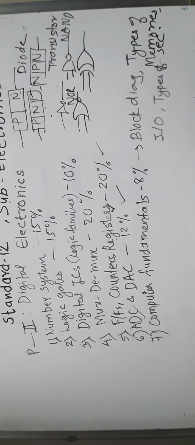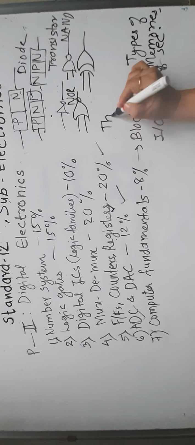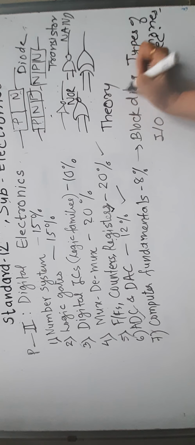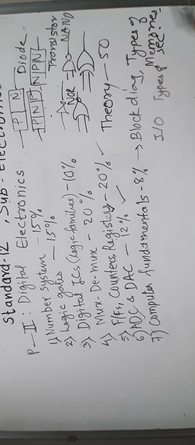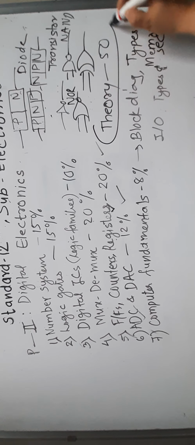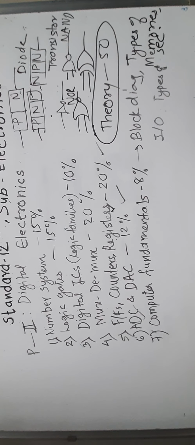See, if we look at the question paper of electronics, the theory paper actually has 50 marks. Okay, 50 marks for paper 1 and 50 marks for paper 2.